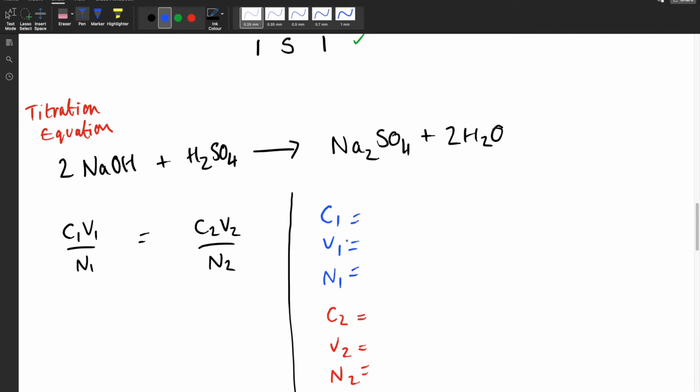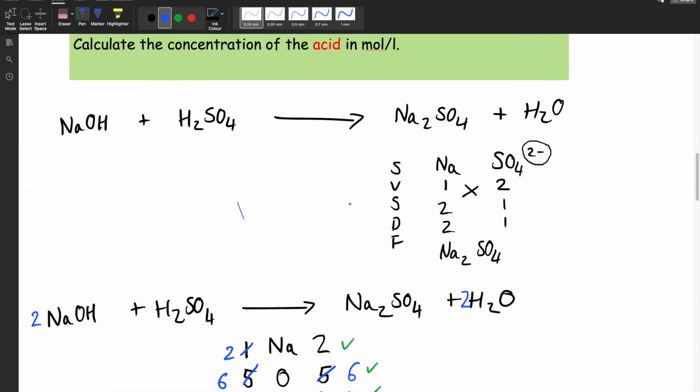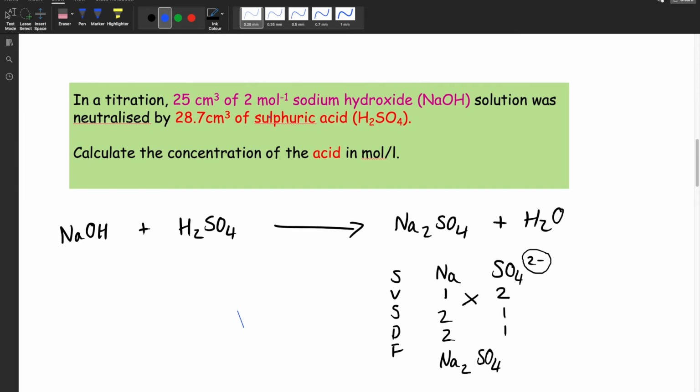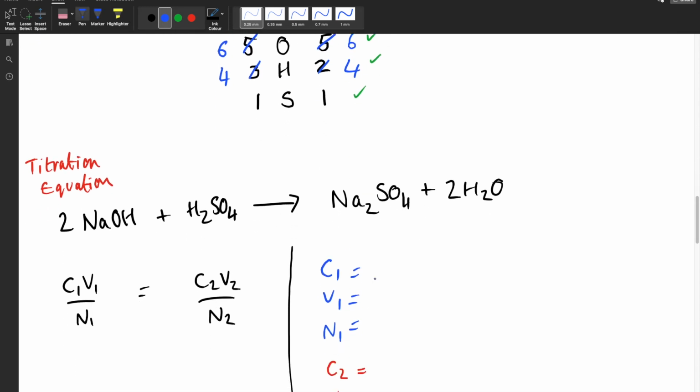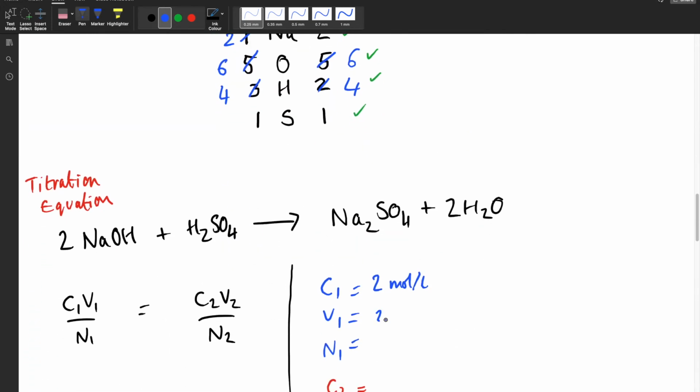So let's look back at the question now and figure out what we know. So from the question, what does it tell us about our alkali, our blue one? So it says we have 25 centimeters cubed, which is a volume, and it tells us the concentration of our alkali as well. So we know the concentration is 2 moles per litre, and we know the volume is 25.